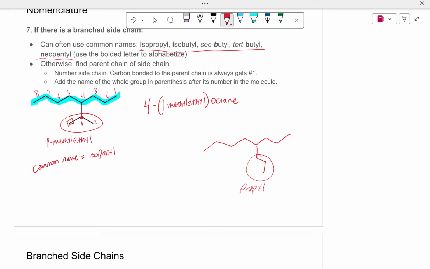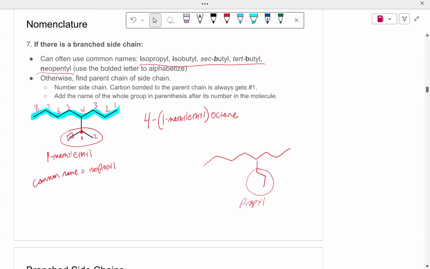So what I recommend is memorizing these branched side chains. I'm going to have a list here on this page and subsequent pages. And I want to highlight that in this list, these bolded letters are the ones you would use when it comes to alphabetizing.